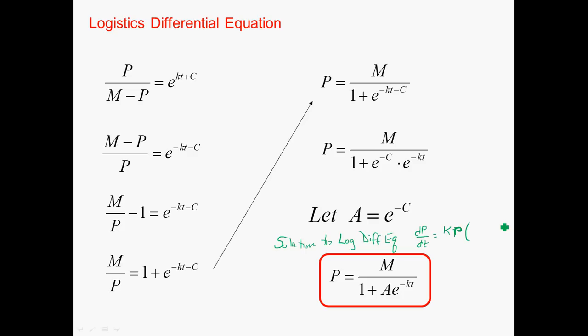And remember, there's a couple different ways to write that. Some books float the division by the carrying capacity here, and then just have M minus P in here. Sometimes it's kP times 1 minus P over M.